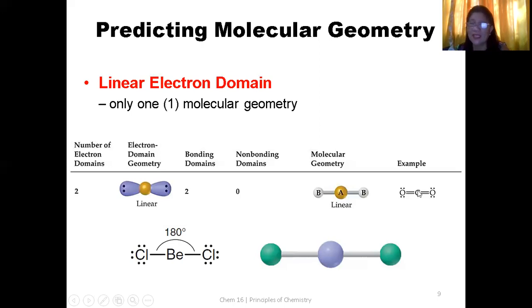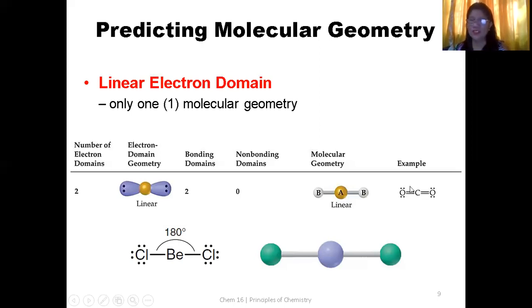So what happened is, there will be a sharing. Your carbon here shares electrons, one pair transfers to this oxygen and another pair transfers to the other oxygen to make it into 8.